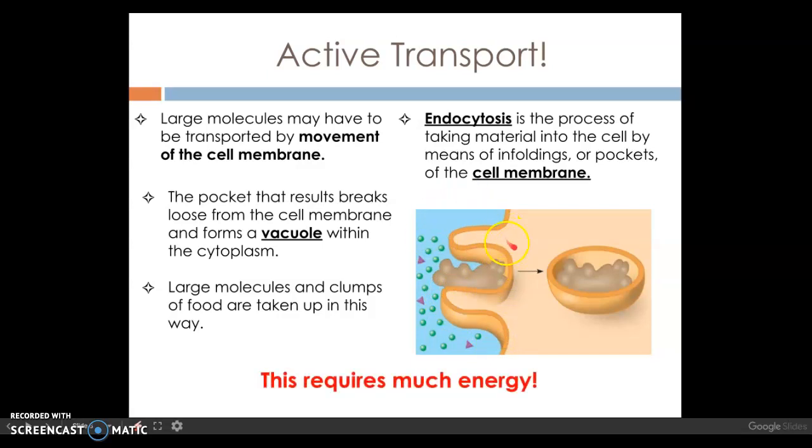It reaches out, it grabs some food or whatever needs to come in, and it creates a vacuole within the cytoplasm here. Okay, so this is for large molecules only. This is mostly clumps of food. Okay, so large molecules and also clumps of food. And again, this is an example of active transport, which does require a lot of energy.